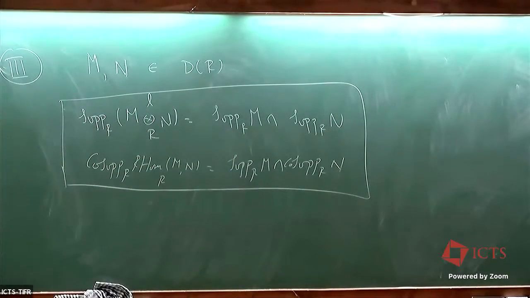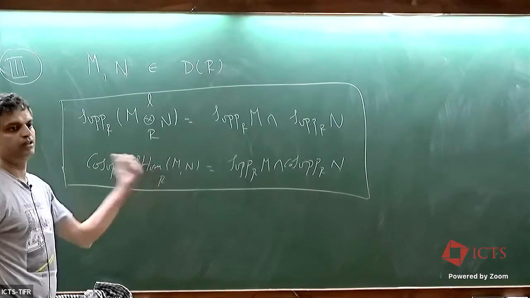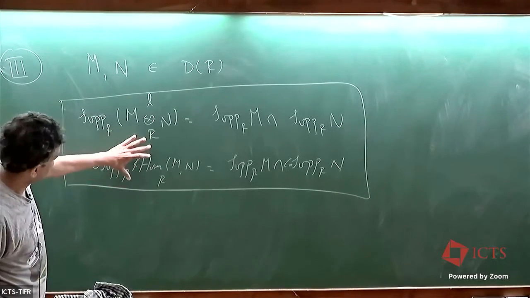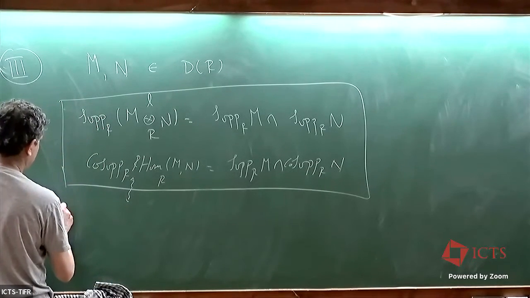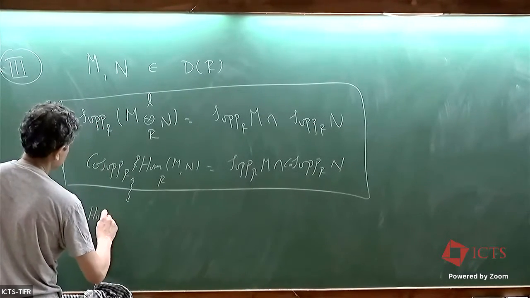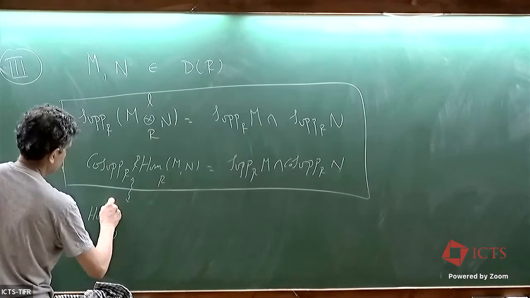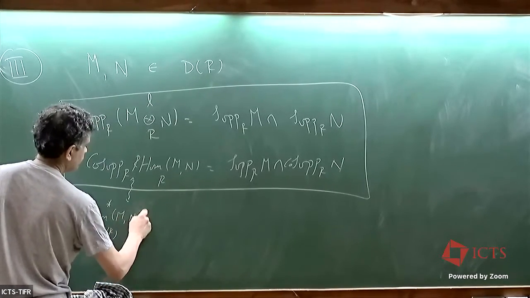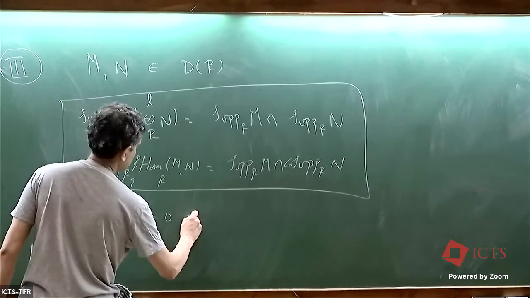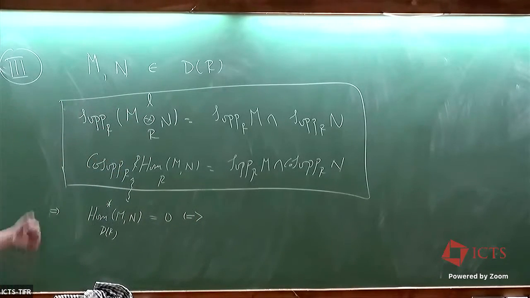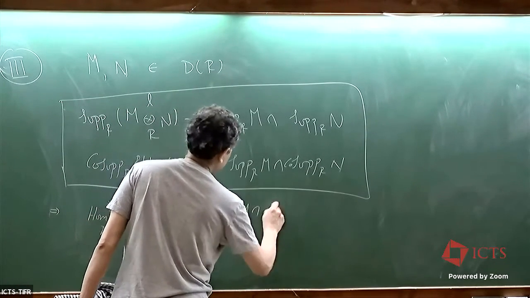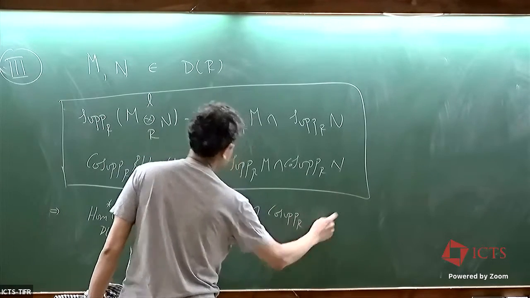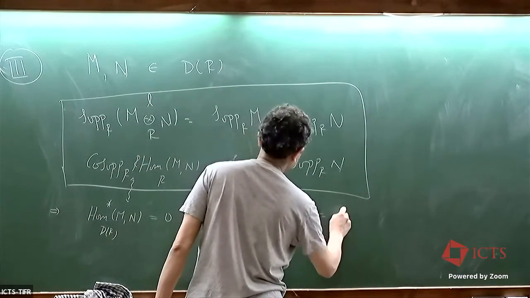So we have these two formulas here for computing the support of a tensor product and the co-support of the function object. This one in particular implies that if you look at the Homs in the derived category between M and N, this is non-zero if and only if, I'm just writing down the obvious thing, this coupled with co-support detection is non-empty.